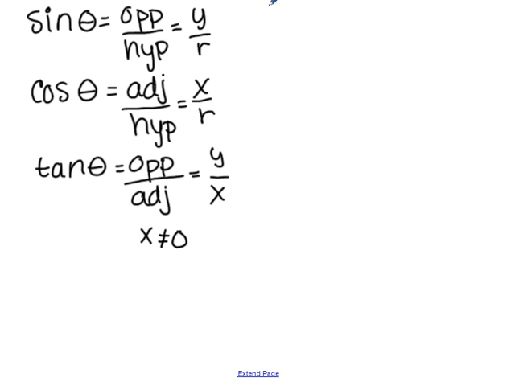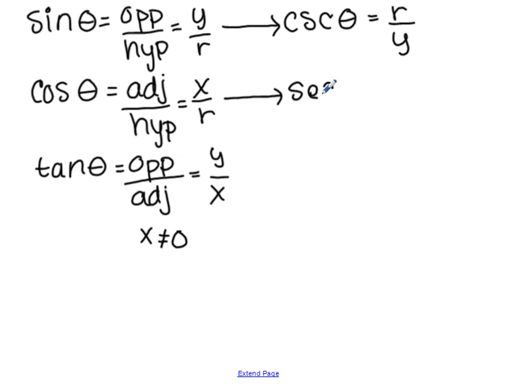Next, the reciprocal functions. The reciprocal function for sine is cosecant, and it's just the reciprocal of this, so it's going to be r over y. For cosine, it is secant, and the reciprocal of this is r over x.